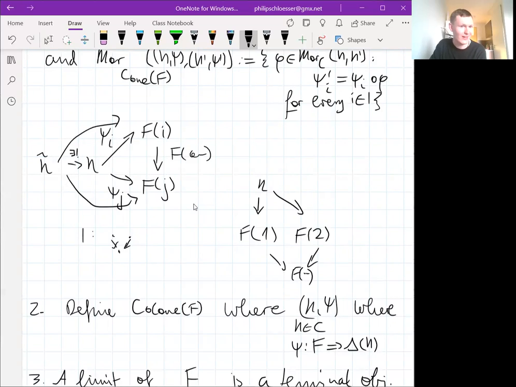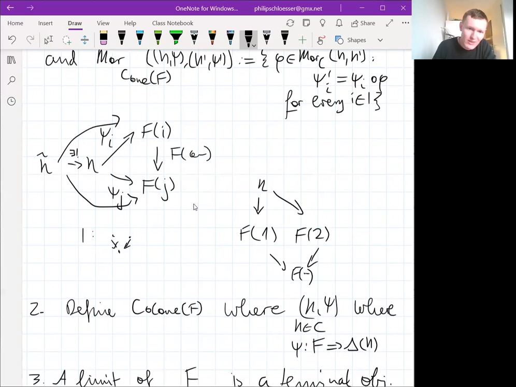And I guess the people who did commutative algebra with me are already thinking, oh, this seems somehow familiar. I have something that maps in a way to some diagram, and for any other object that maps in the same way, I have a unique morphism.